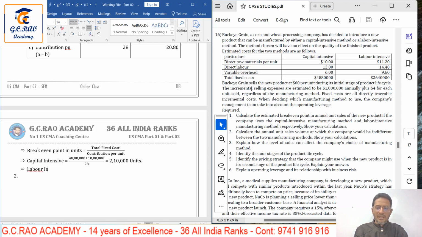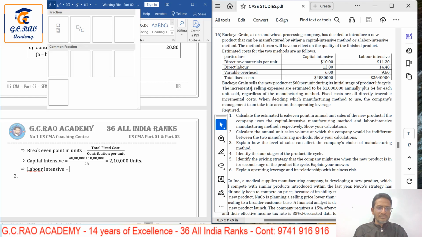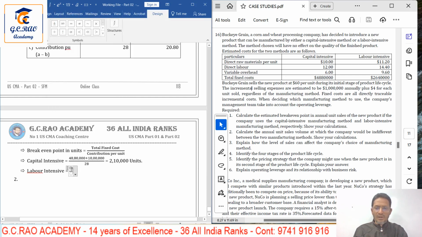This one, labor intensive is equal to: for the fixed labor intensive 26,40,000 plus for the fixed selling 10 lakh divided by contribution per unit 20.80.